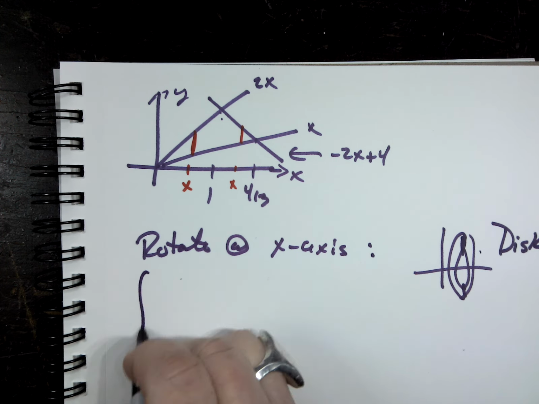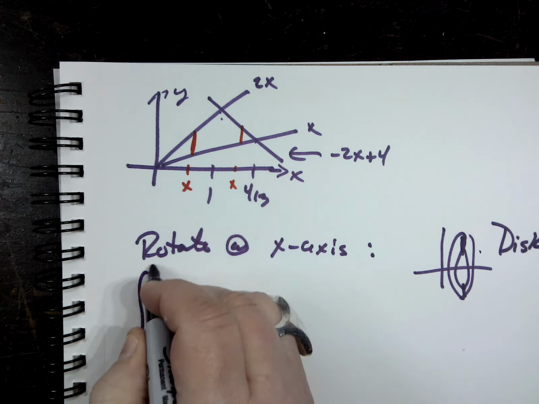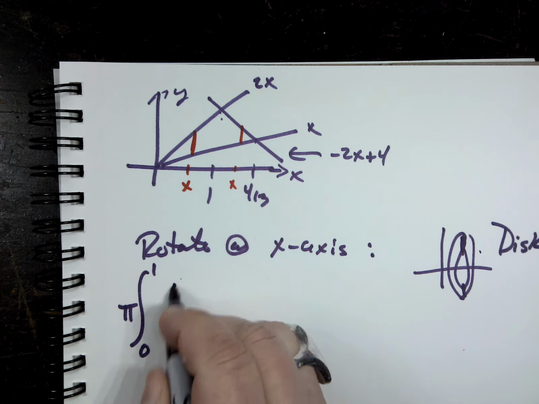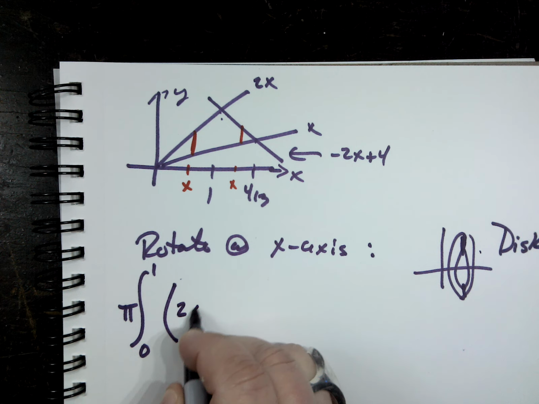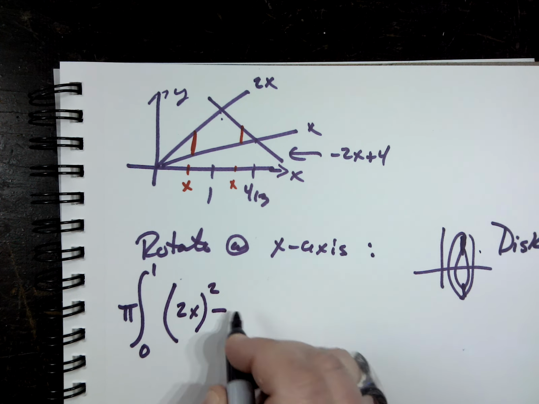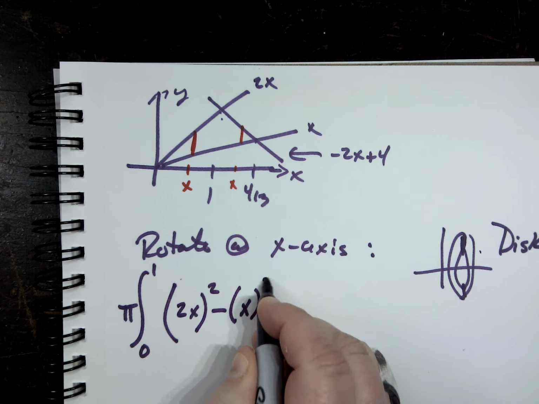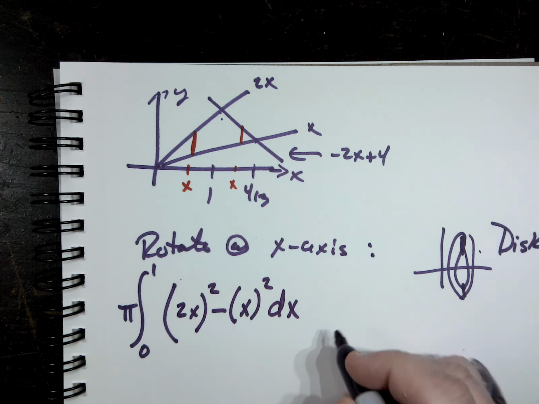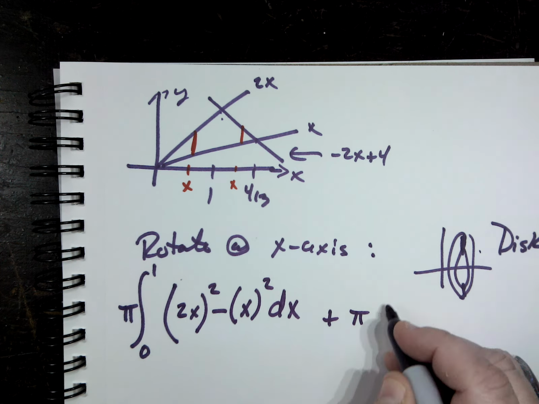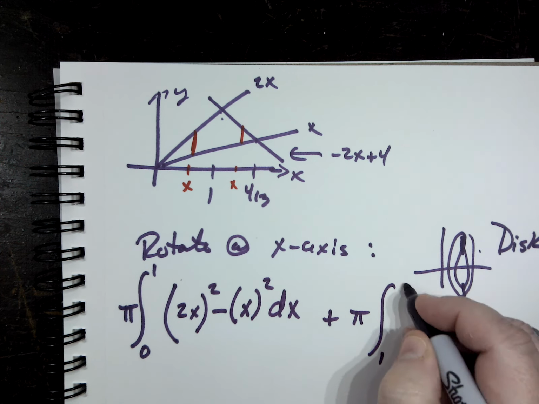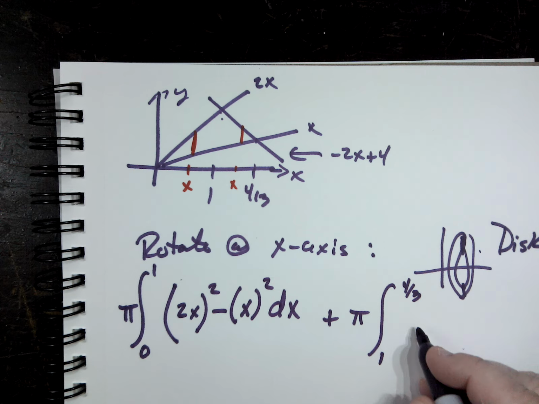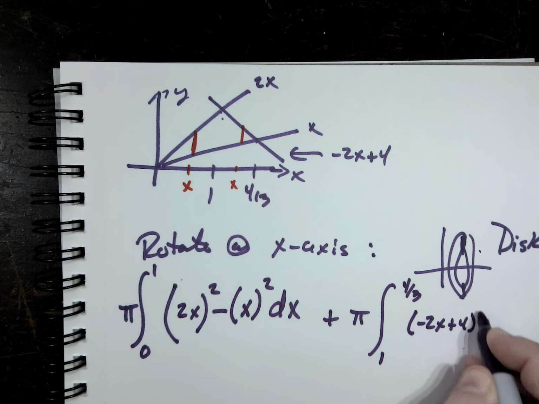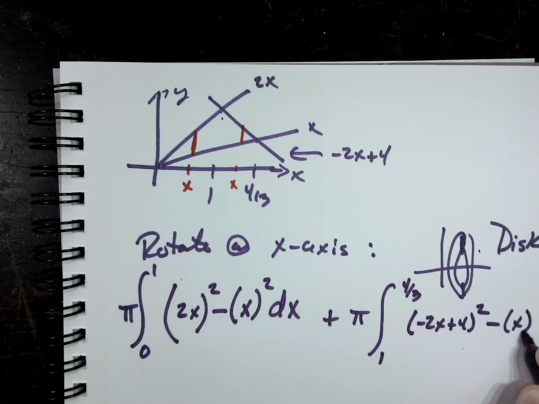So, integral from 0 to 1 pi, the upper circle has a radius of 2x, the bottom has a radius of x, so that takes care of the first chunk. Then I need to do the second chunk from 1 to 4/3. Top function is now negative 2x plus 4. Bottom function is still x.